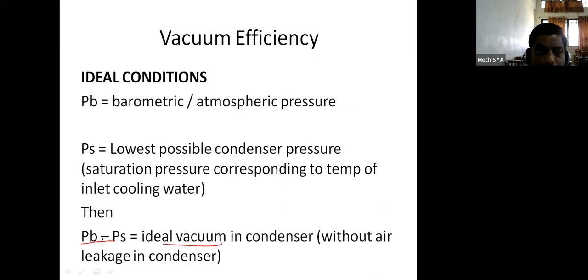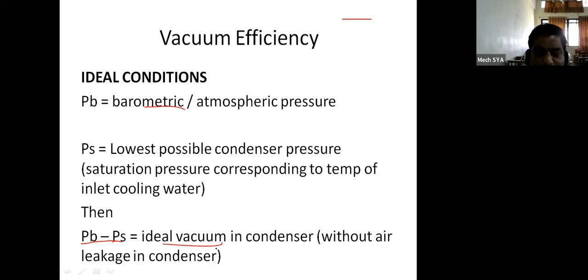So PB, the barometric or atmospheric pressure, minus PS, the saturation pressure, is the maximum possible vacuum inside the condenser. Vacuum is always lesser than atmospheric pressure, so it should be subtracted from atmospheric pressure. PB minus PS is the ideal vacuum.